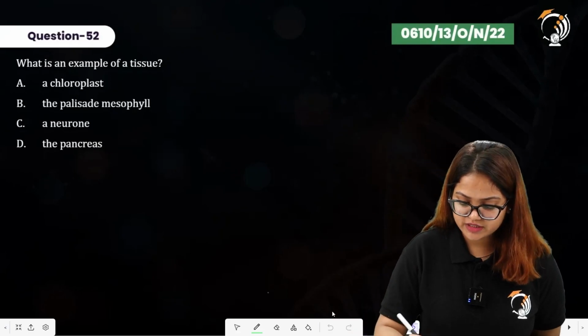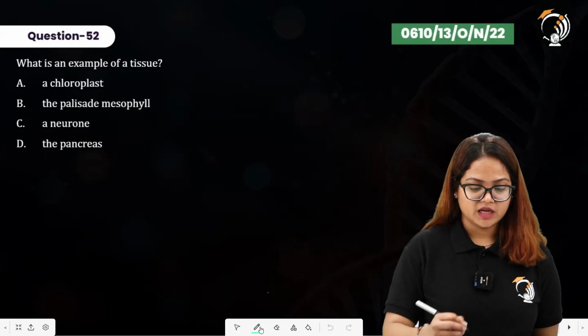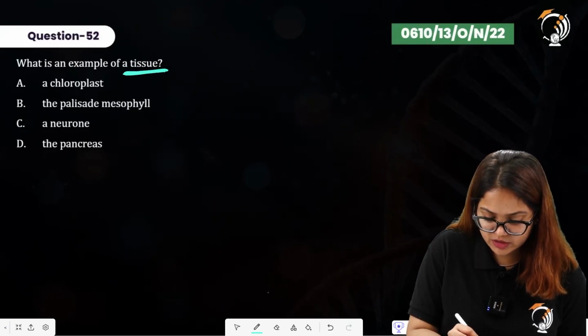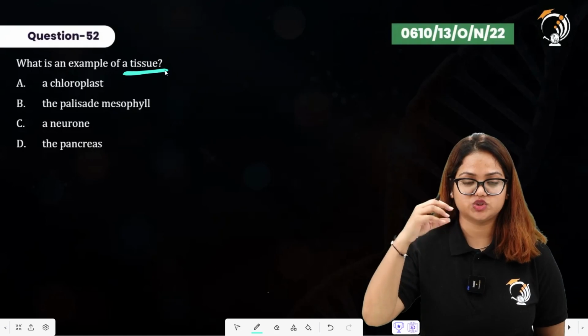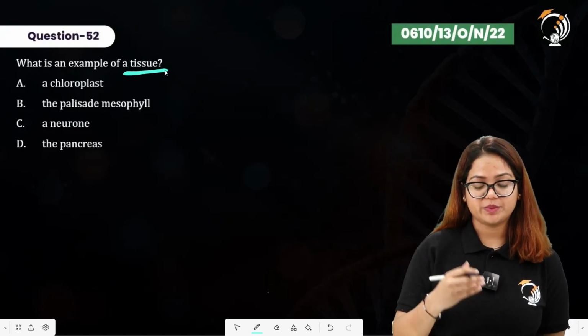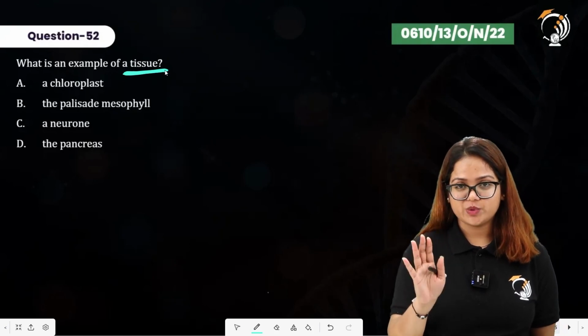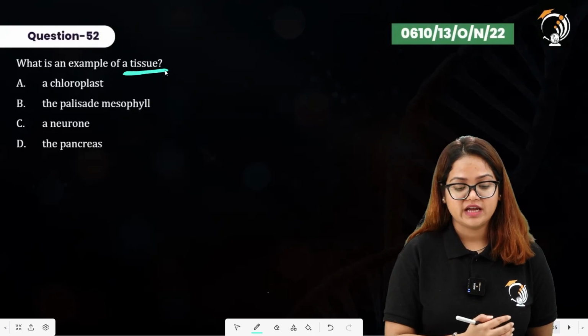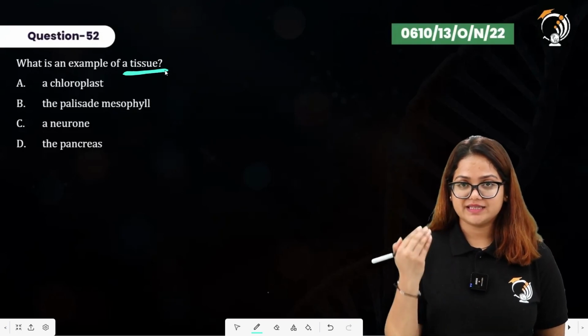Moving to question number 52, that says, what is an example of a tissue? This is a question coming from this chapter only, but it is not as important as the other topics, but we are going to solve one question at least for that, so we can recollect our information. And what is an example of tissue?